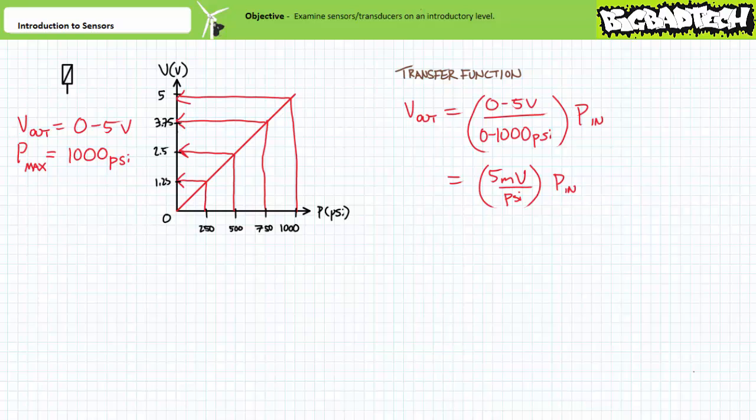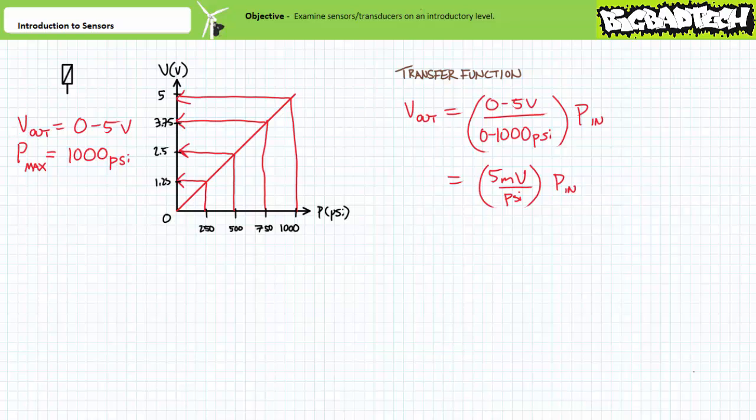Given this pressure sensor has a linear output between 0 and 5 volts for a range of 0 to 1000 psi, its transfer function suggests that this sensor produces 5 millivolts per psi. Given this transfer function, it is quite easy to determine the response given a particular input, or its input given a particular response.